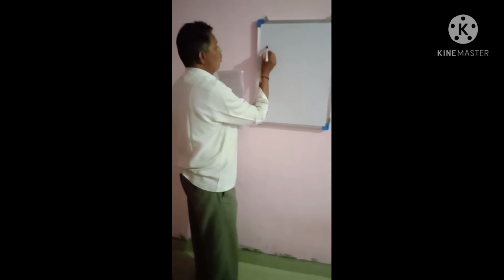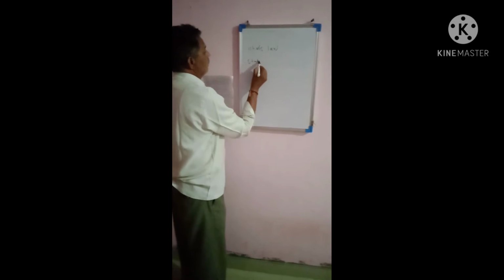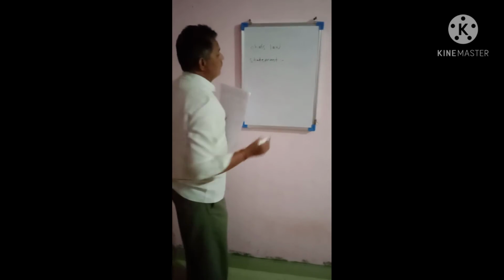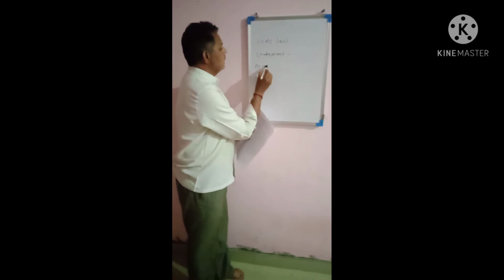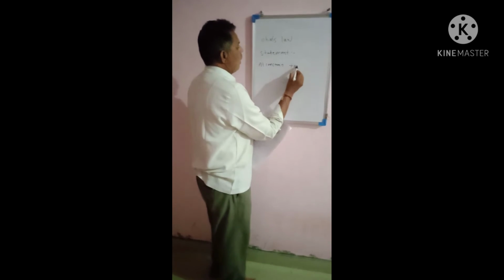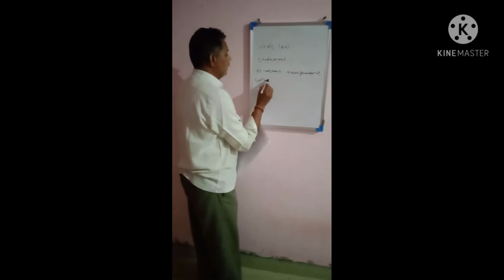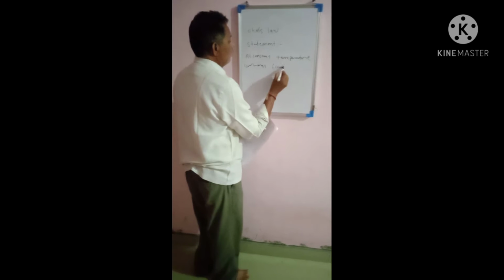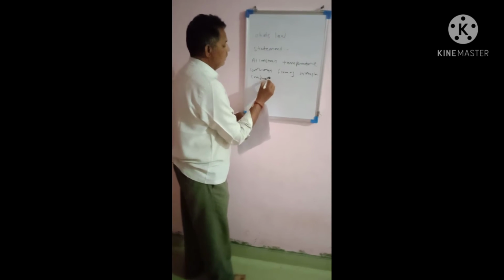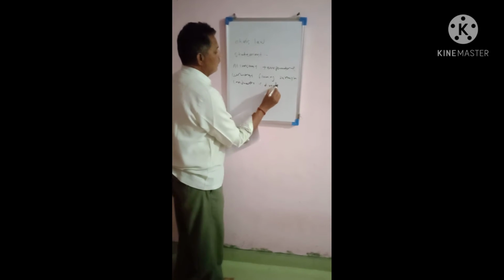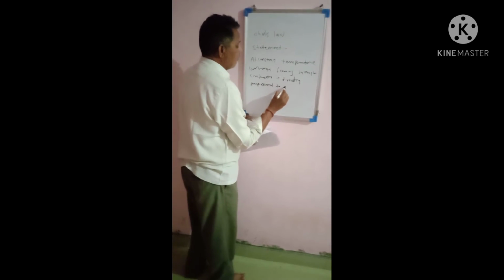Statement of Ohm's law: at constant temperature, current flowing through a conductor is directly proportional to applied voltage.